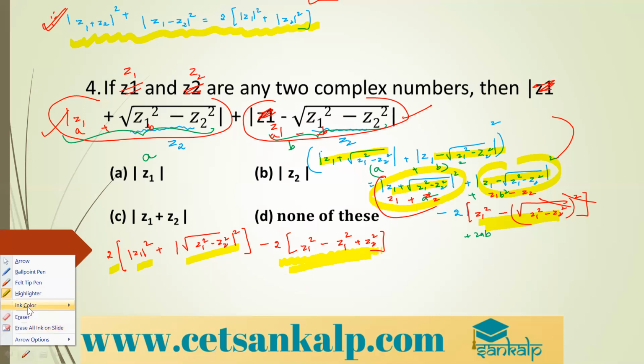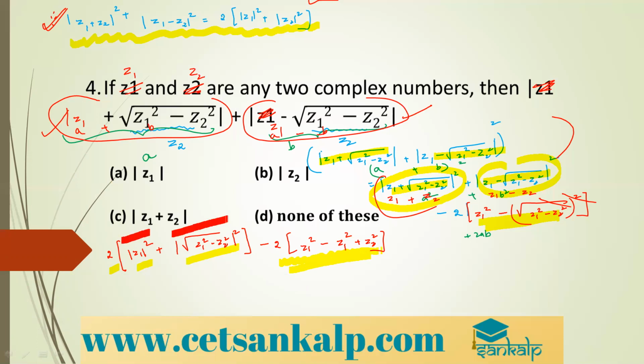Now, after doing this, what can I do? Again, I repeat what I did here, see all of you. This is 2 into Z1 square plus Z2 square, and this is nothing but what we got here. We have simplified.